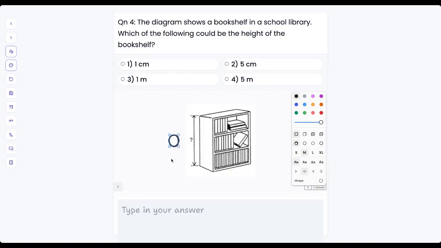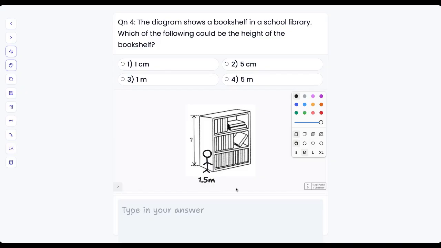So you have yourself, and the thing is, how tall are you right now? Maybe around 1.5 meters. Maybe you're a little bit shorter, I'm not saying it as a bad thing. So you're maybe around 1.5 meters.